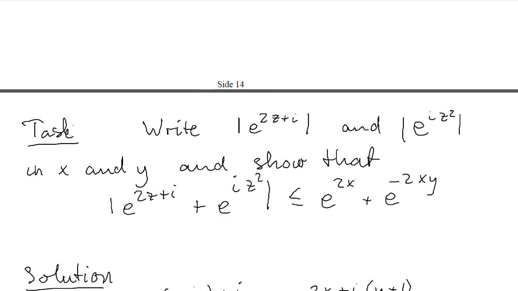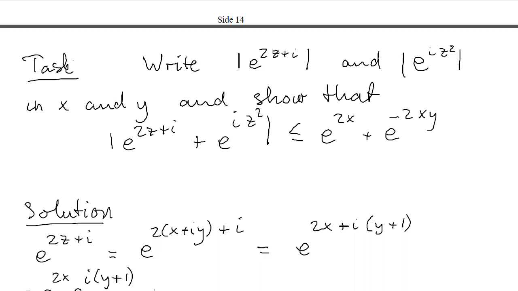Well, let's take another task. Here we have the absolute value of the exponential function of 2z plus i, and we want to write some expression of this, and we also want to write some expression of the absolute value of the exponential function of this, in x and y, and use this to show that this inequality is satisfied.